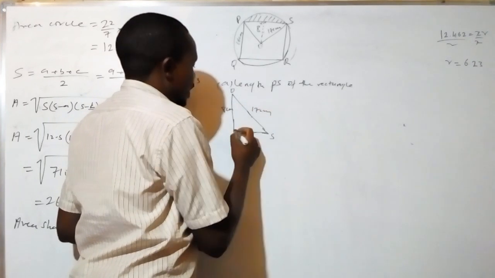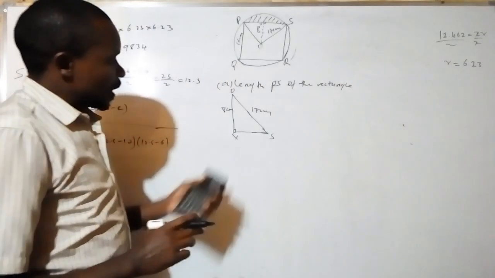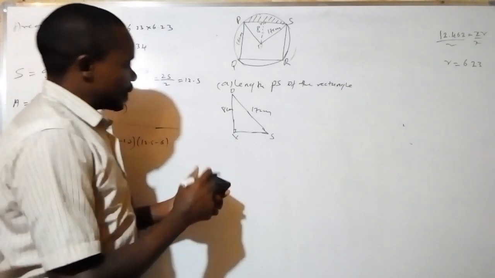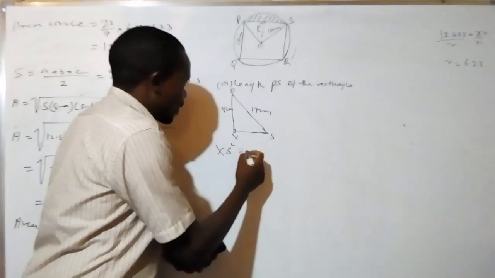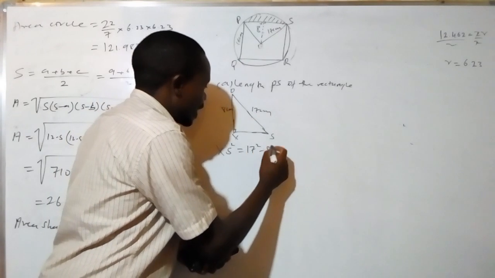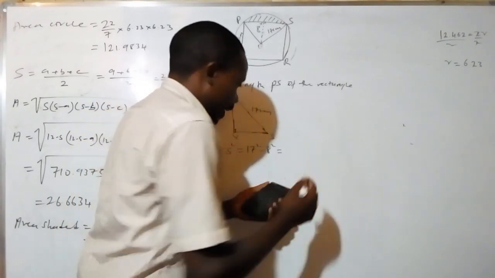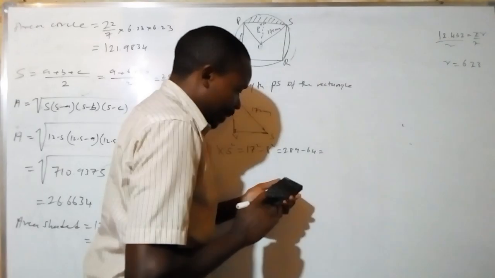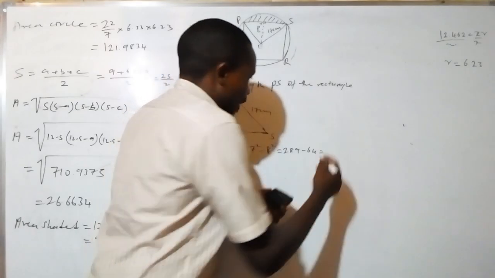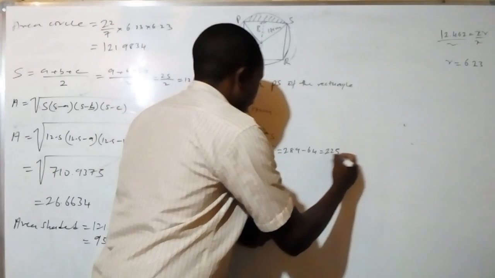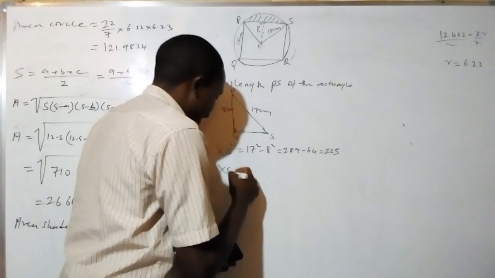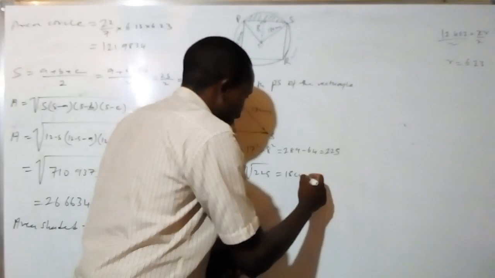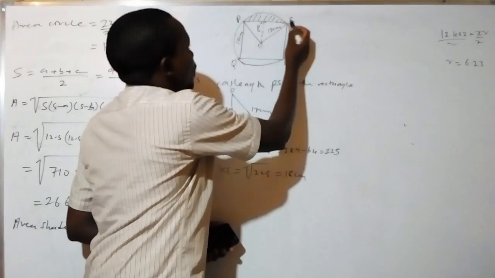XS squared is equal to 17 squared minus 8 squared. This is 289 minus 64, we get 225. XS is the square root of 225, which is 15 centimeters.